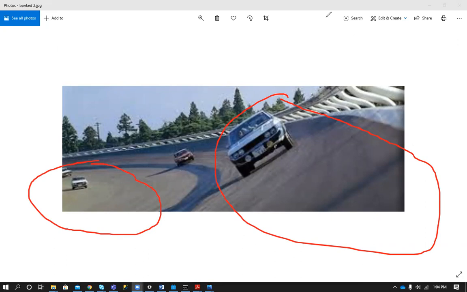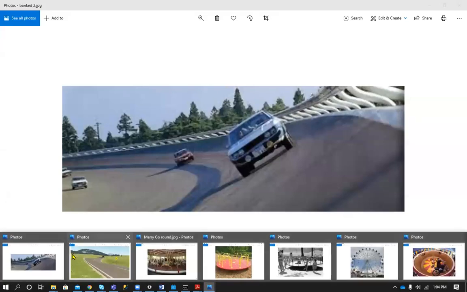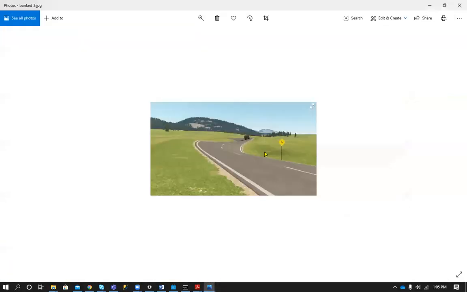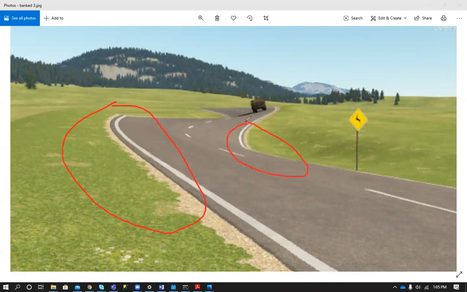I will show some other diagrams also. In this case also this part of the edge is inclined and this part is lower. You can see that there is some inclination in this part.